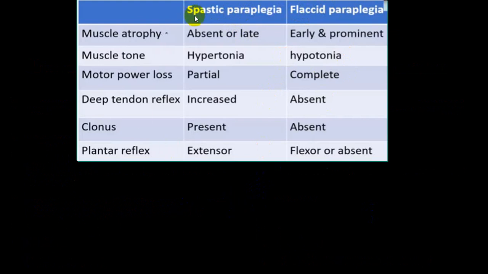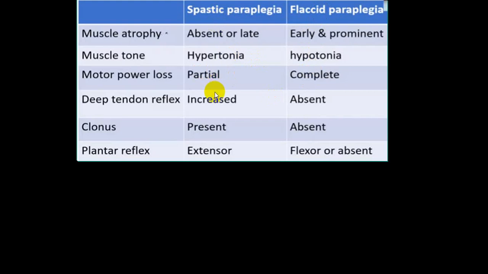So if there is a spastic paraplegia, muscle atrophy is absent, and if at all it is there, in a late stage. While in a flaccid, atrophy and fasciculation will be very early and prominent. Muscle tone in spastic will be hypertonic, while in flaccid it will be hypotonic. Power will be partially diminished, while in a flaccid it will be total loss.